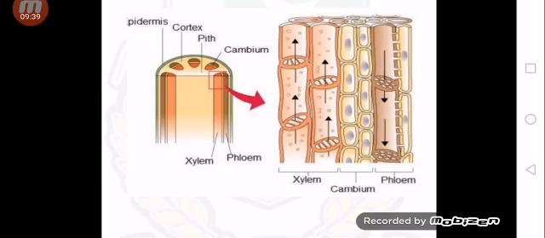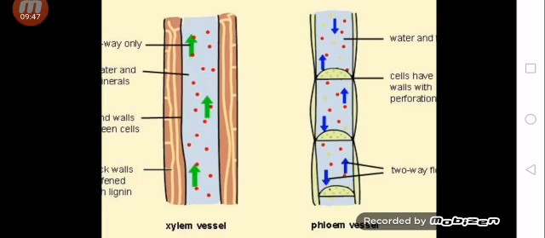So these help the sieve tube elements by providing them proteins. Here again you can see the comparison of xylem vessels and phloem vessels. In the xylem vessel you can see that water is moving in the upward direction, while in the phloem vessel the food is moving in the upward direction and also in the downward direction.